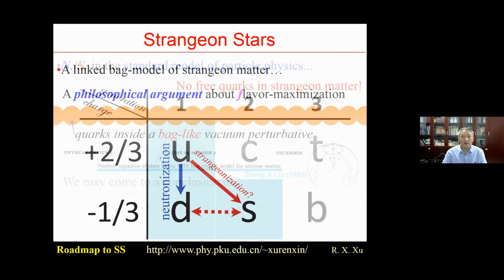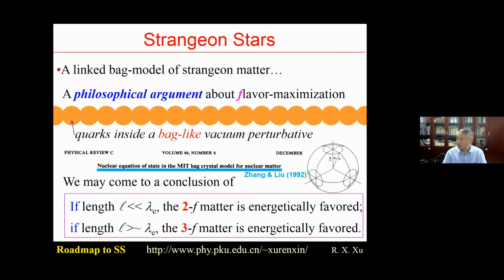So how can we model Strangeon matter quantitatively, not only qualitatively? I think we can think about a so-called linked bag model.